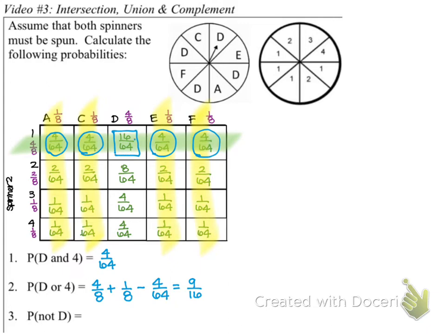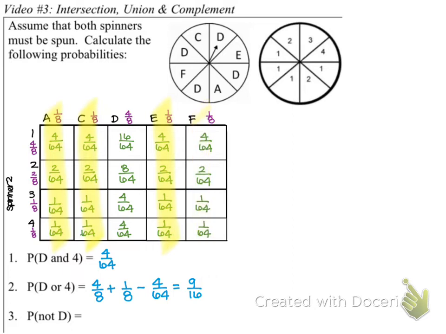However, that's in the D column. That's not what we want. So I think what we could do here, and we'll see the same issues with rows 2, 3, and 4, is we could just count the ones for A, C, E, and F. So one way to do it is we add up the 1/8 for A, 1/8 for C, 1/8 for E, and 1/8 for F. So that's one way to do it.